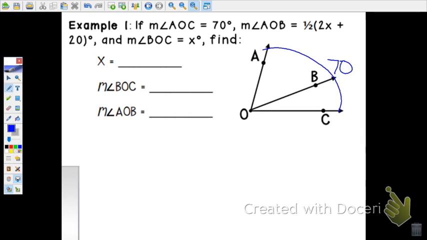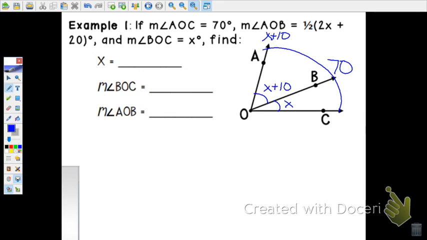What is half of 2x plus 20? x plus 10. So angle AOB is x plus 10. And angle BOC is x. So I need to solve for x and then find those two small angles.